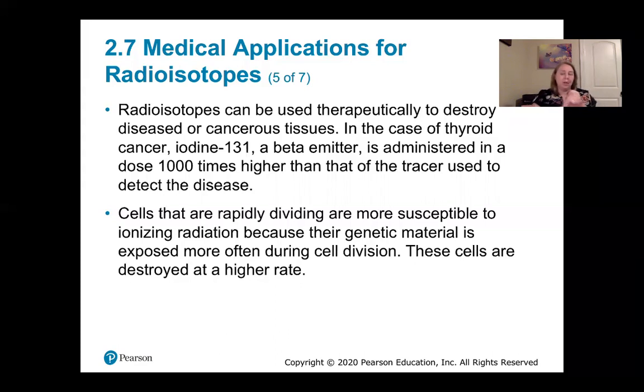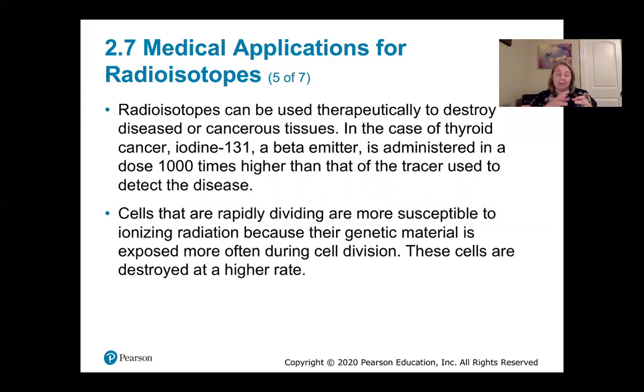Now, the question is, we talked about this last time. Cancer cells are rapidly dividing, so they're going to get the effects of radiation or chemotherapy or whatever it is more because they're replicating more. Why? Well, ionizing radiation, remember, hits electrons in cells, and it hurts them.